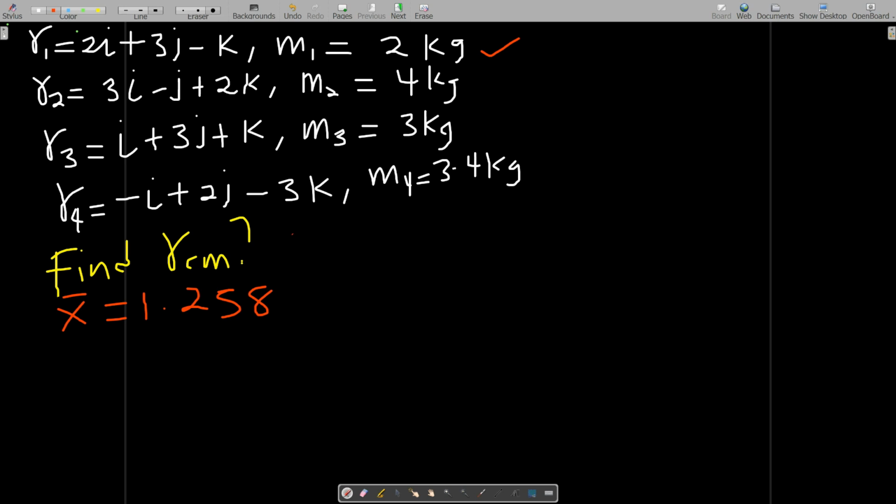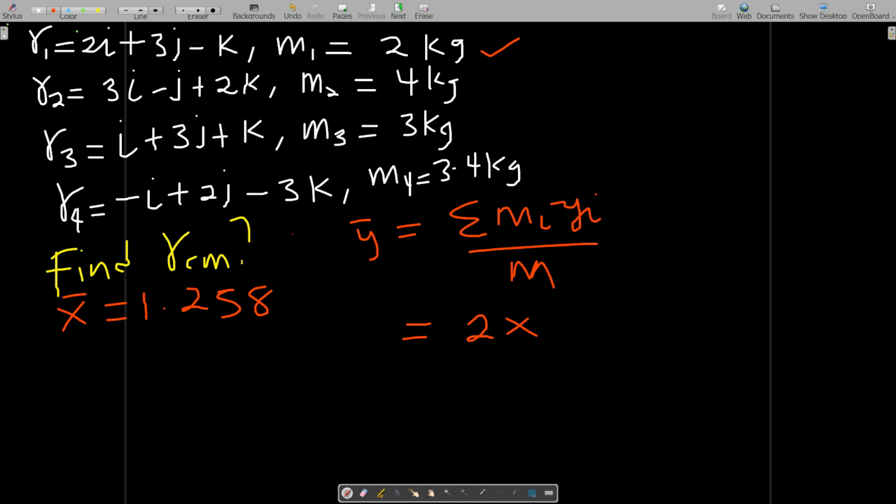And our next task is to find our y bar, because we wrote x bar, y bar, and z bar. Y bar is also equal to the summation of mi yi over the total mass. For the first mass, 2 kilograms, what is the associated y component? That is the component on the j, which is 3.